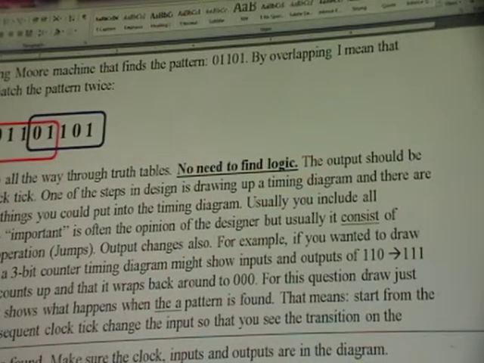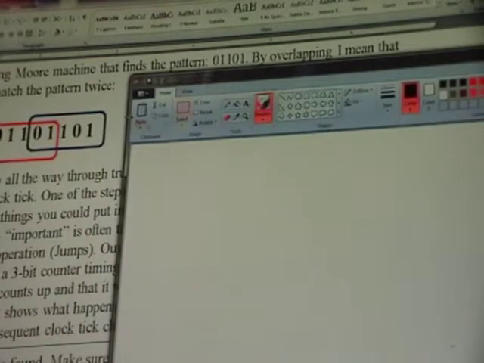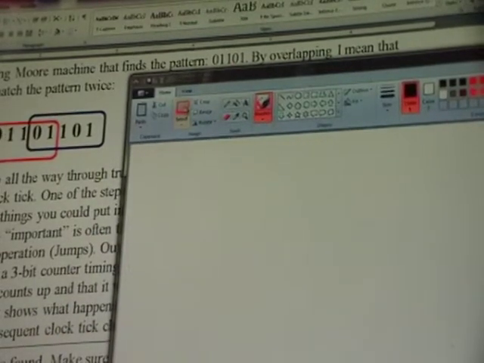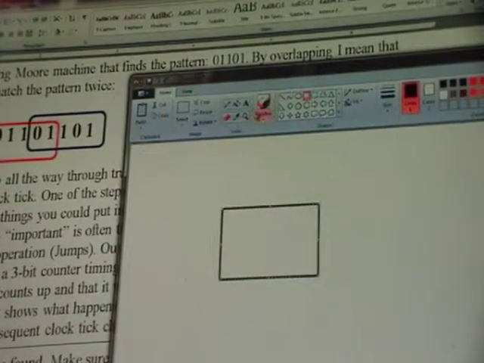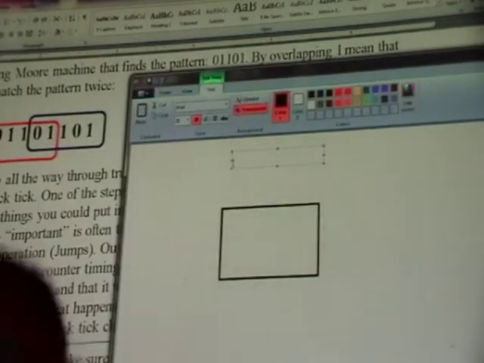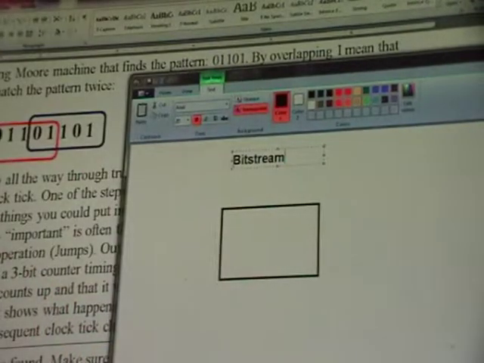I am considering this a bit stream in. So what a bit stream in means is that you have a single wire coming in. So let's try this. See if we can make that bigger.